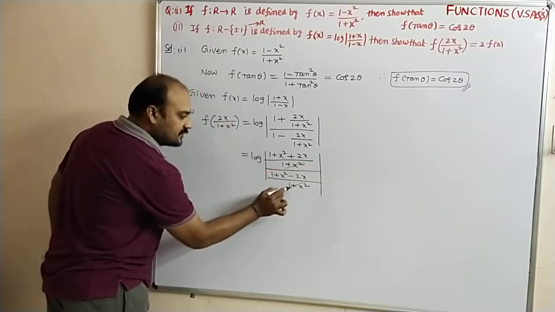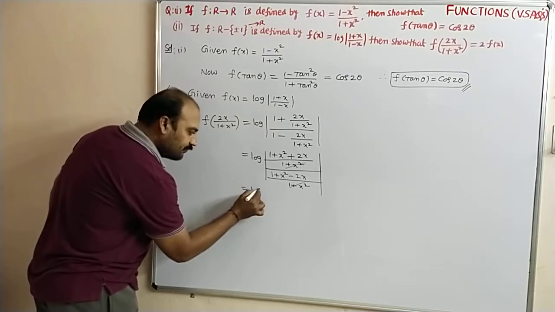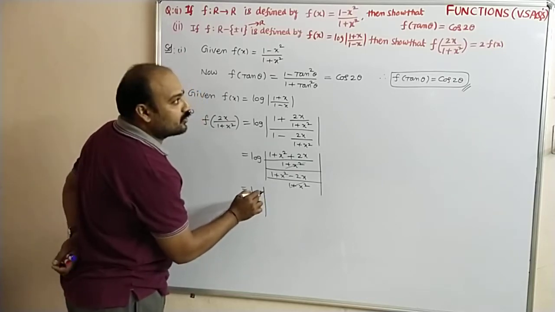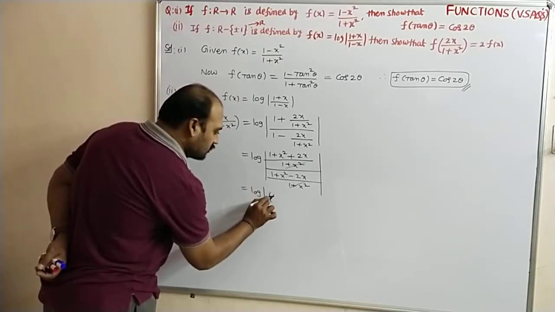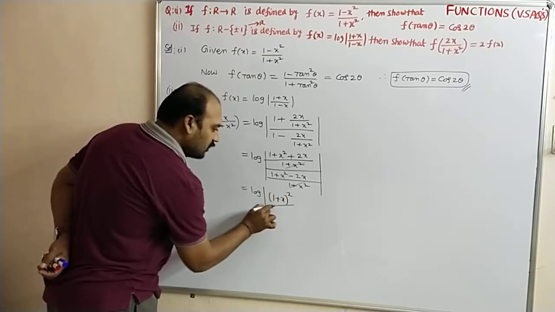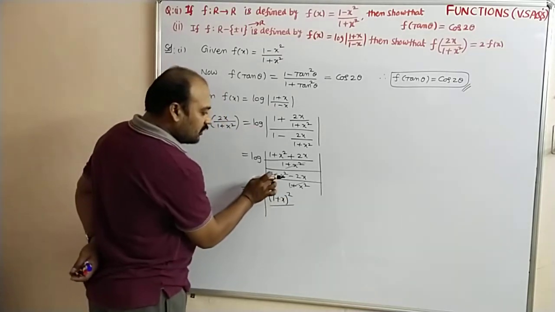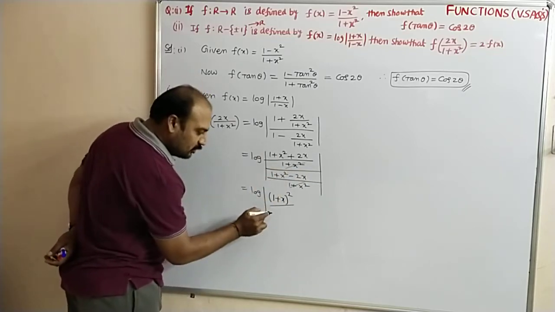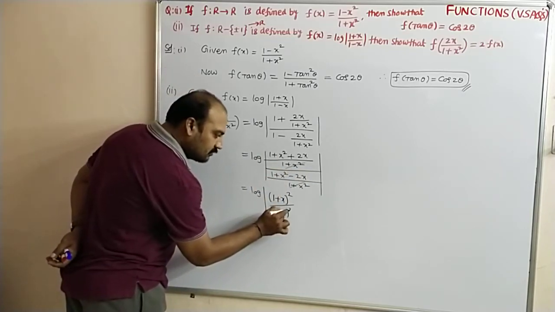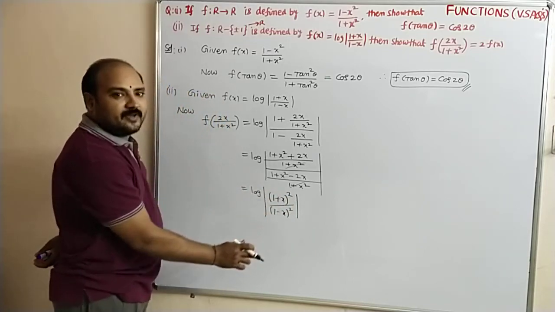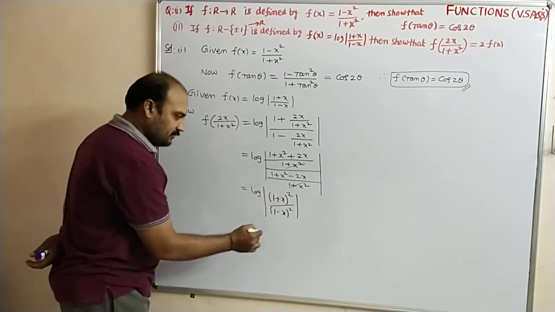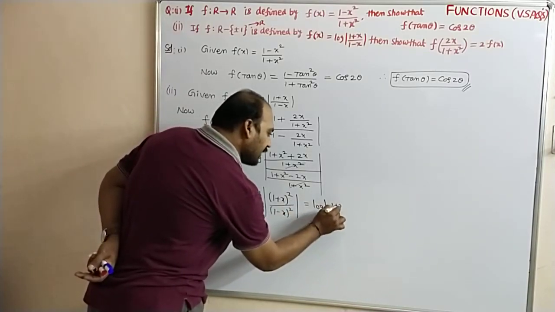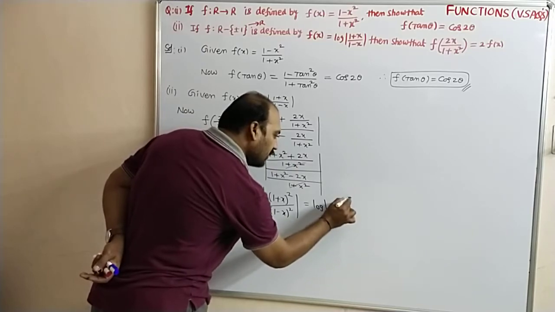So these two will be cancelled. Log mod x square plus 2x plus 1 is the expansion of 1 plus x whole square, divided by x square plus 1 minus 2x, 1 minus x whole square expansion. So log of a square by b square means a by b whole square we can write. Which is equal to log mod 1 plus x by 1 minus x whole square.